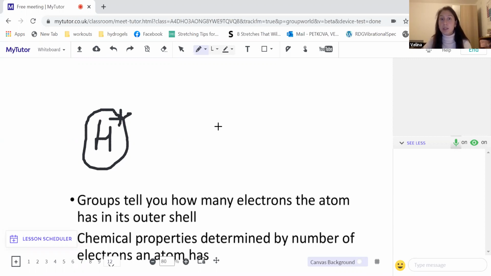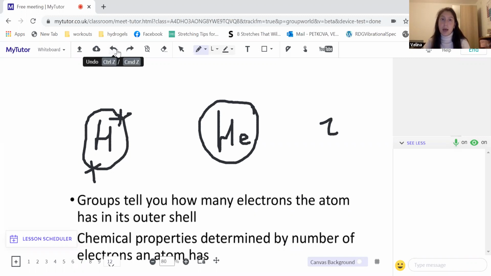Yeah, but helium, how many electrons does it want then? It wants 2 in its outer shell because it wants a full shell. Helium has 2 electrons in its lower shell, and it is really happy because 2 electrons is a full outer shell, so therefore it is a very stable configuration.